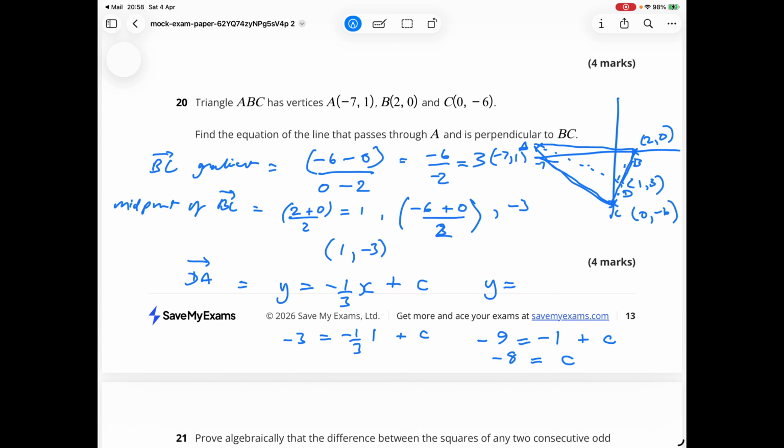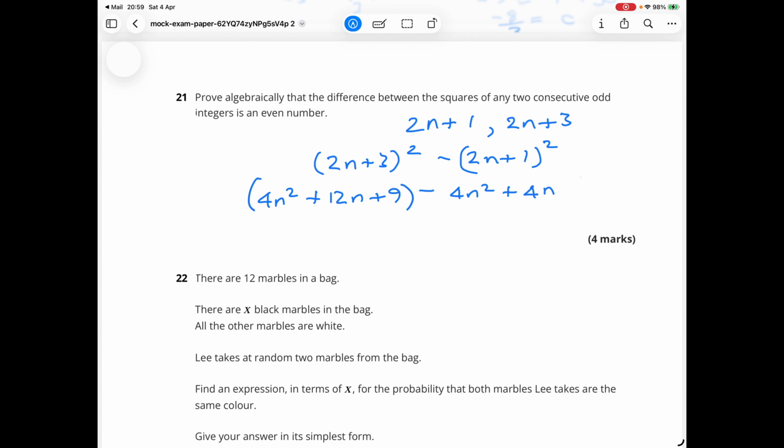squared. That's 4n squared plus 12n plus 9 minus 4n squared plus 4n plus 1.